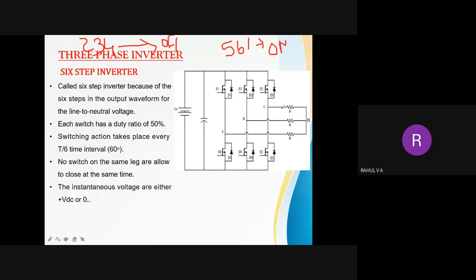It can be the voltage between C and N, B and N, or A and N. We normally represent VCN, VBN, VAN. And we have line voltage, that is the voltage between 2 particular lines: the voltage between A and B, between B and C, and between C and A.